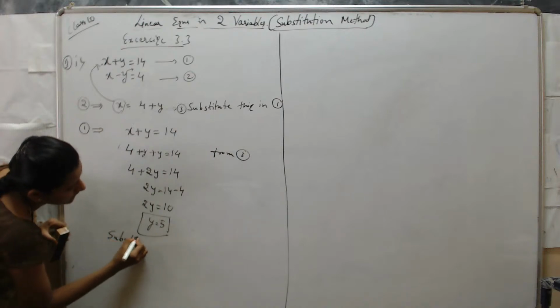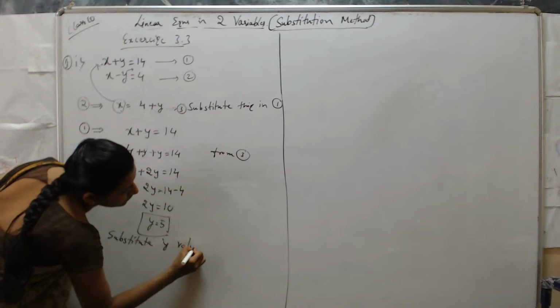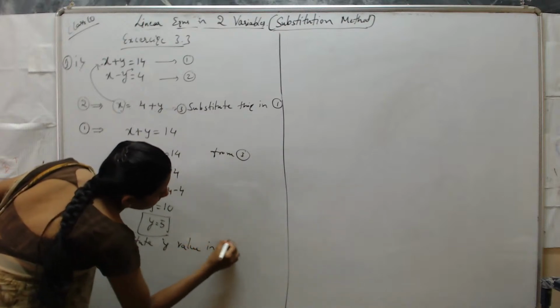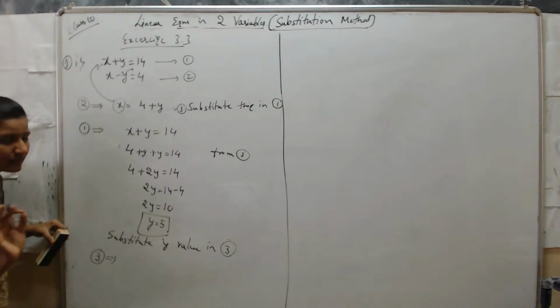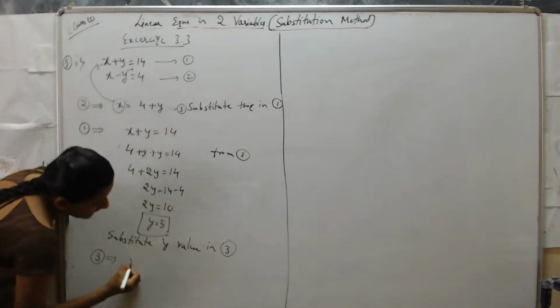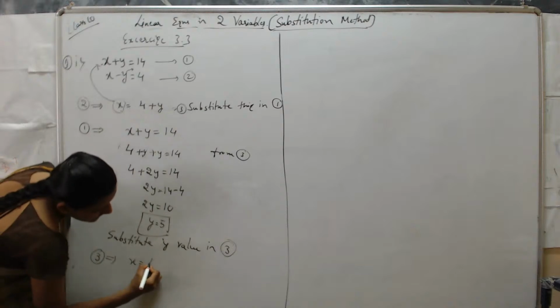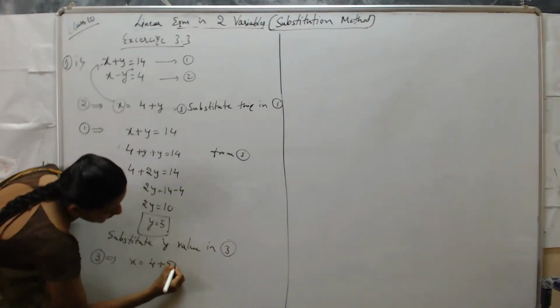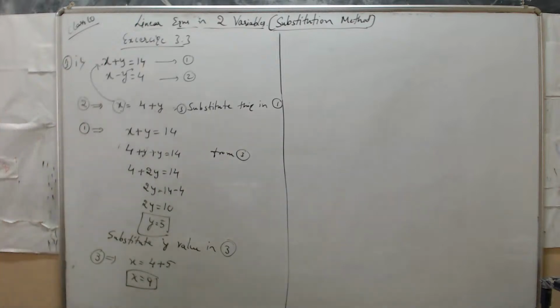Substitute y value in equation 3. Any equation you can substitute, you will get the same value of x. X is equal to 4 plus y, y is 5. So 4 plus 5 is 9.